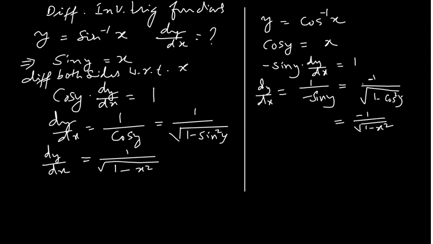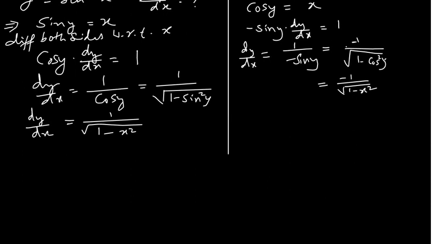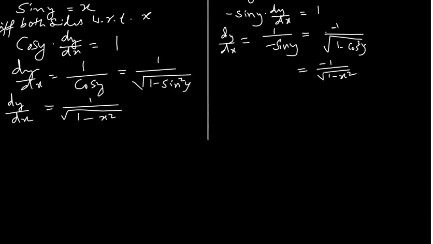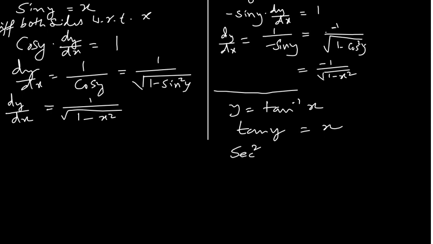So we'll do it here. So y equals tan inverse x. Tan y equal to x. So tan y differentiation is secant squared y into dy by dx equal to 1, right?